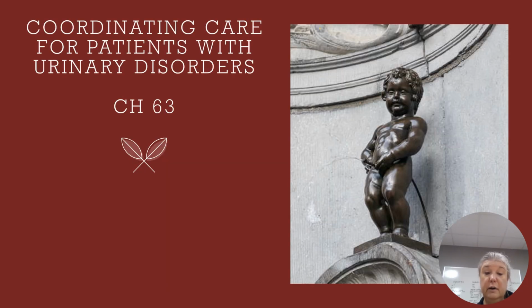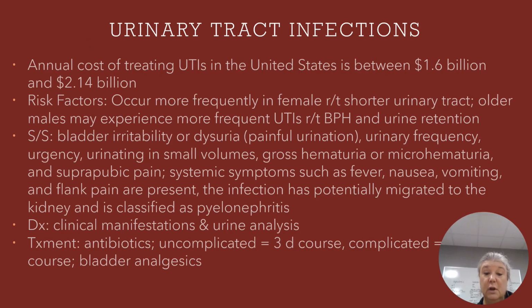This is coordinating care for patients with urinary disorders now. Urinary tract infections. So the big thing with urinary tract infections is people who end up with UTIs that are hospital related. You're in the hospital longer, you're on antibiotics that you potentially did not need before.